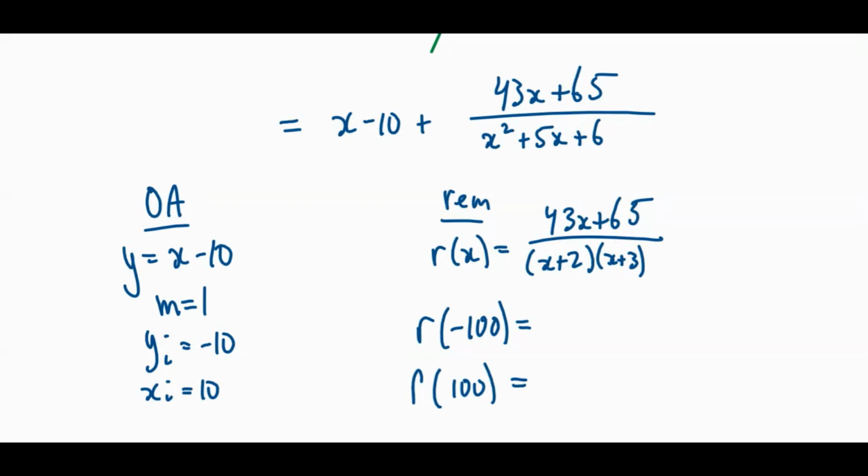So 3 negatives means this is negative. Therefore, we're below the oblique asymptote because it's the oblique asymptote minus a tiny bit. So my function is actually just below the oblique asymptote. And this one is positive, positive, positive. So we're just above the oblique asymptote.